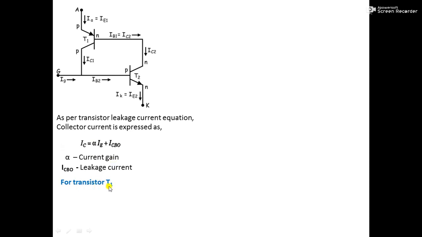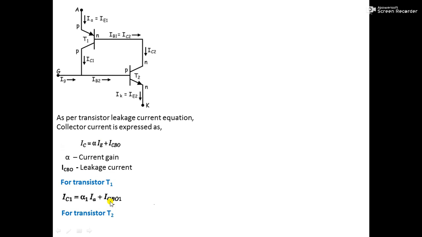So for transistor T1, we will write this equation as IC1, because collector current of transistor T1 is IC1, is equal to alpha 1, which is current gain of transistor T1, times IE, that is emitter current, which is same as IA. So in place of IE1 we have taken IA, plus ICBO1, which is leakage current of transistor 1.